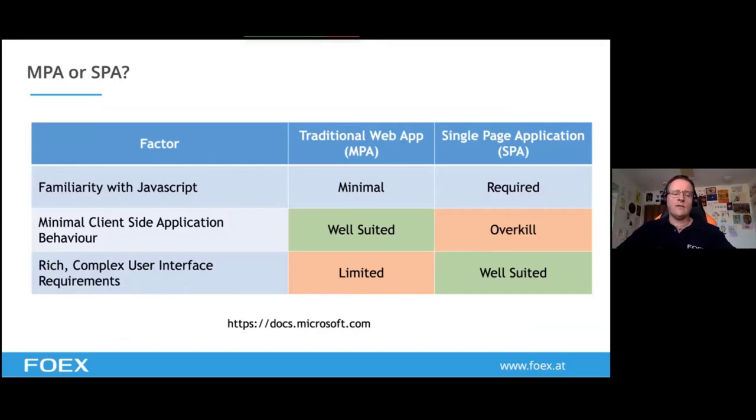If you're looking for a very rich, complex user interface, you're going to want to build that with a single page application design style, whereas for simple applications, it's going to be overkill. You'll probably find that 80 to 90% of applications can be built with the multi-page application design style, but they're all the simpler type apps.